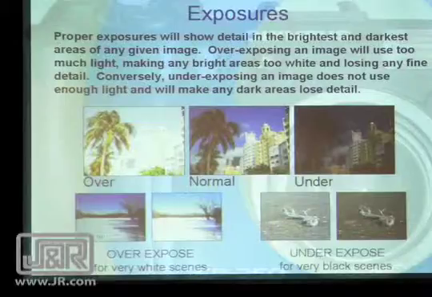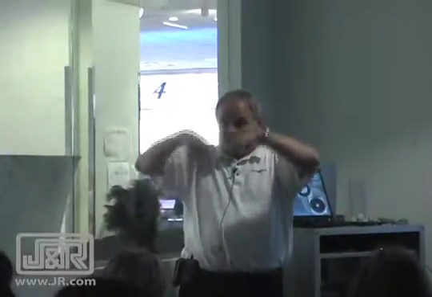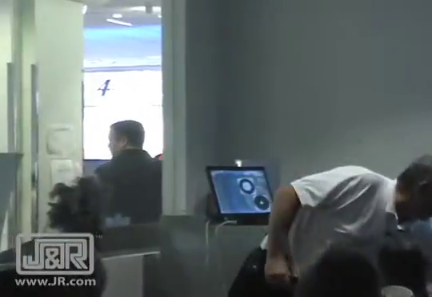If you're in a situation where your images are overexposed and your camera's shooting at the fastest possible shutter speed it could possibly do, go to your ISO. Go to a lower ISO. If you're in the exact opposite situation, let's say your flash is not powerful enough, and I wanted to take a picture of something about 25 feet away, and the flash on my camera is really not bright enough to project that far, you simply compensate by raising the ISO.